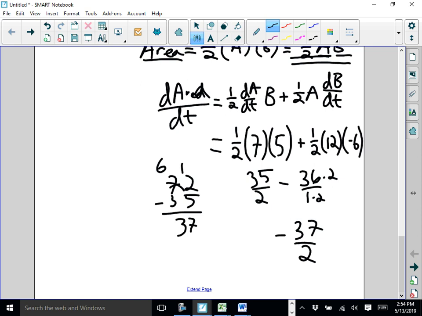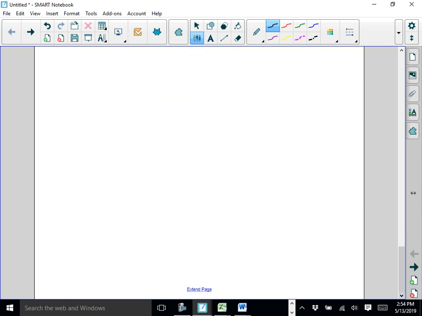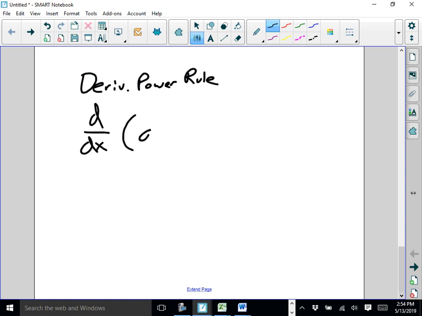Okay, let's just do some simple derivatives, simple integrals. Remember, with derivatives, the power rule: if I'm doing the derivative of ax to the n power, I take this n and I multiply it out front, and I get an x, and I reduce the power to n minus 1.